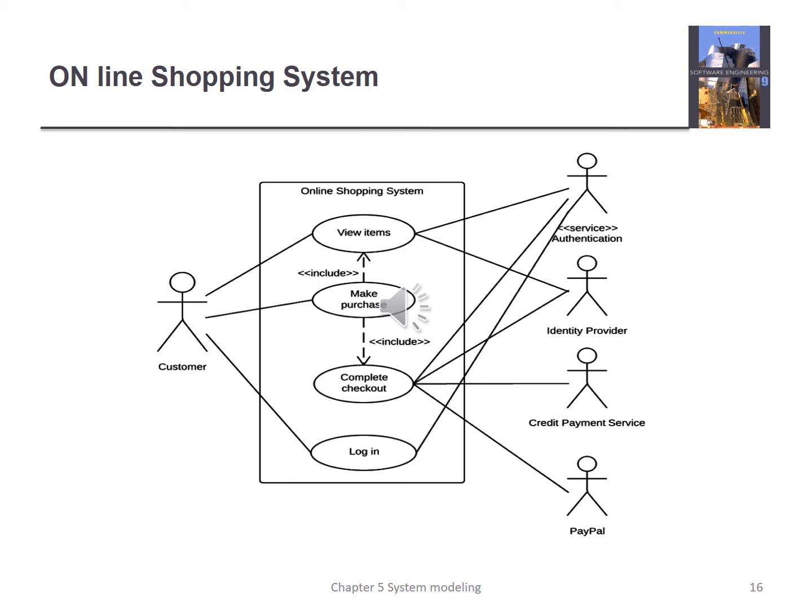The customer uses this one, this one, and this one. The stick figure or stick person is really the actor who interacts, and it could be a person or a subsystem. A subsystem deals with that use case. The arc is really the association, we call it. It's a line between actors and use cases.